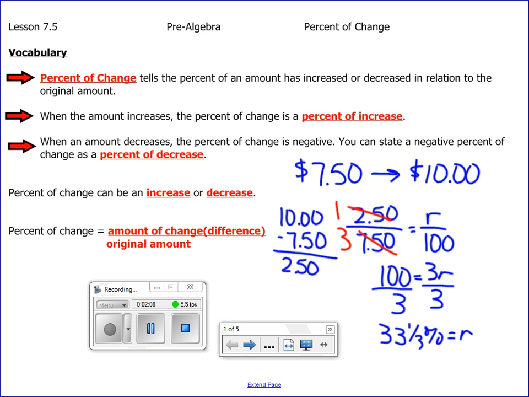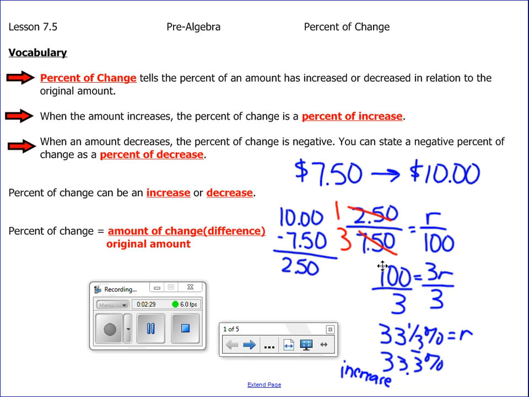Hopefully by now you know that 100 divided by 3 is 33 1/3, or using a decimal, 33.3 with bar notation. And the final note that you would do on these types of problems would be to indicate if it's an increase or a decrease.